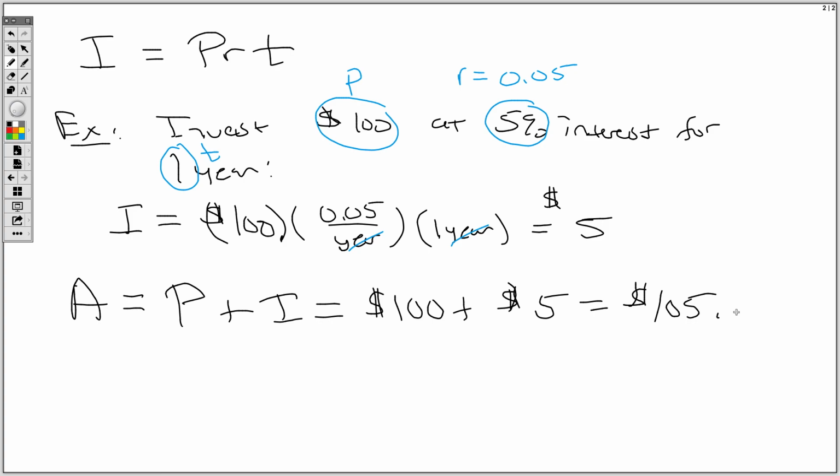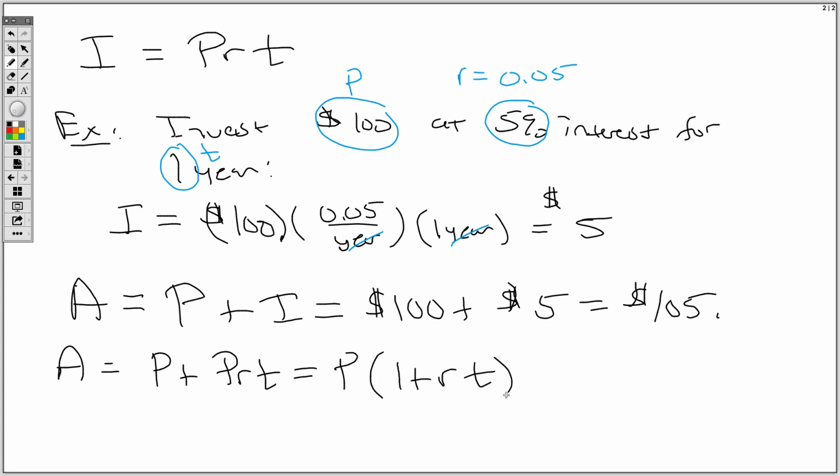Now, if you do some algebra here, instead of going right to the numbers, we can kind of see where the exponential factor comes into play. Because I got my principal plus my interest, I can factor the principal out, and then I multiply by 1 plus RT.